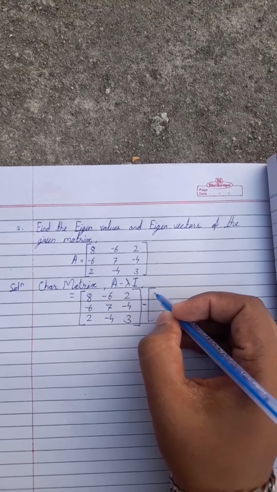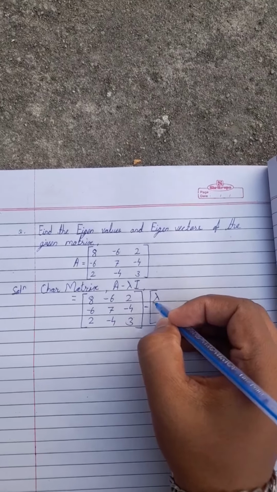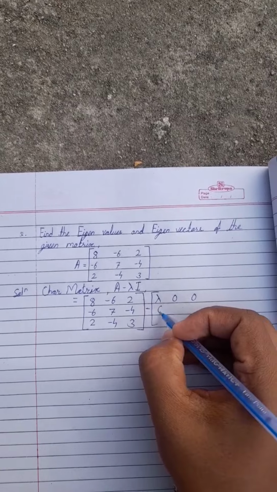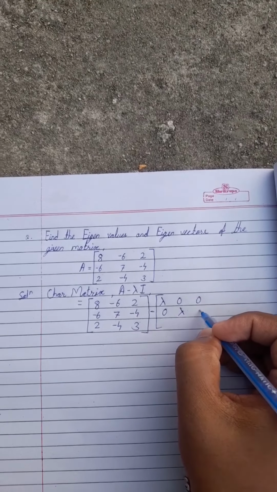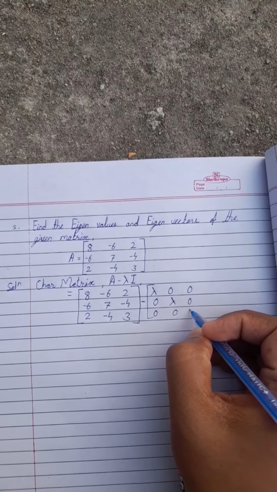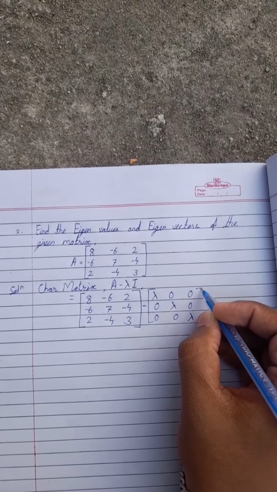So we are going to directly write it as lambda 0 0, 0 lambda 0, 0 0 lambda.